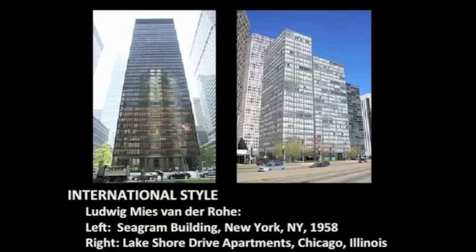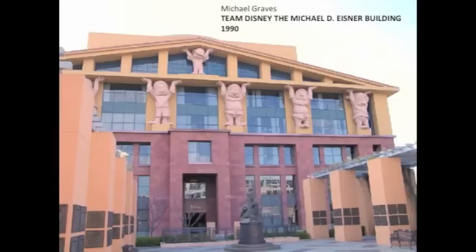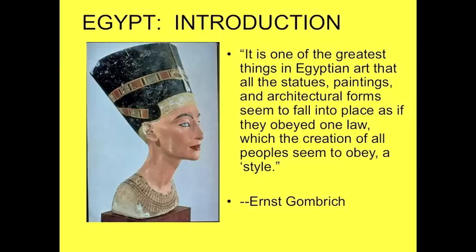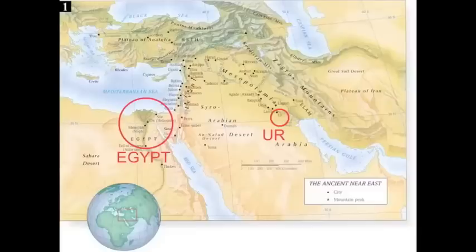You look at that and you see it with the same kind of historical frame that you would see the Disney dwarf columns in a Michael Graves building or the swirly metal in a Frank Gehry building. But in Egypt, for thousands and thousands of years, a style obtained and gave character to all the works of art and architecture. And that's kind of amazing.